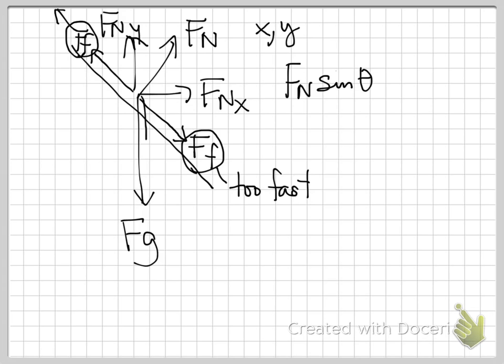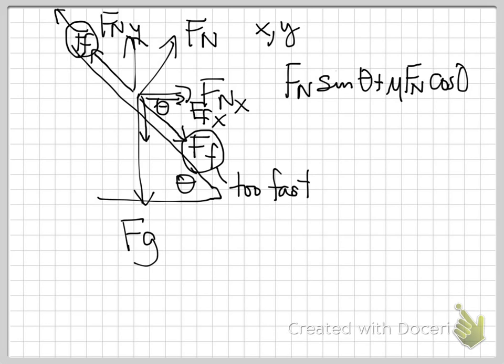But now you're also going to have Ff in the x, also in the y, but we're just going to worry about the x in this case, which is helping, so it's plus mu Fn. And if this is theta here that we just found, which is important, that's why we had to do that part, if this is theta, this is also theta, which means Ff in the x is actually the cosine for this one. And that is equal to the net force to the center, so it's mv squared over r.